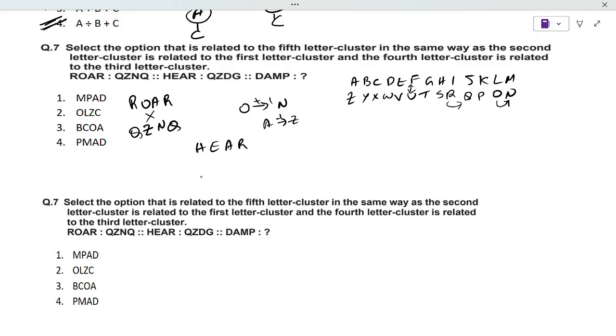HEAR Q. Yes, they are interchanging it because R is Q, right? We're getting R Q here because H Q is what? Very far. So here we have A Z. E plus 1 will give us D.